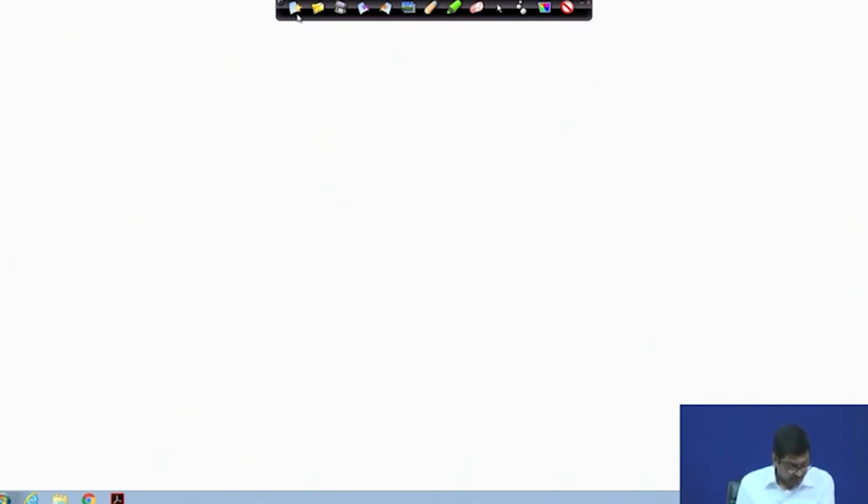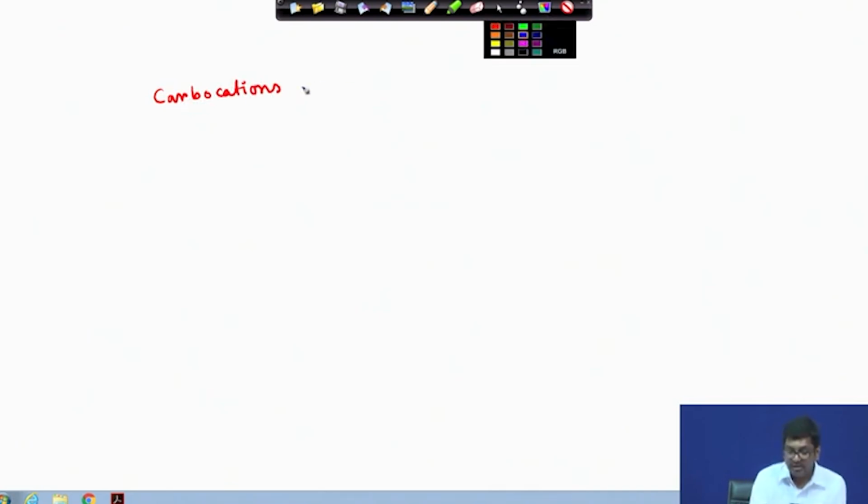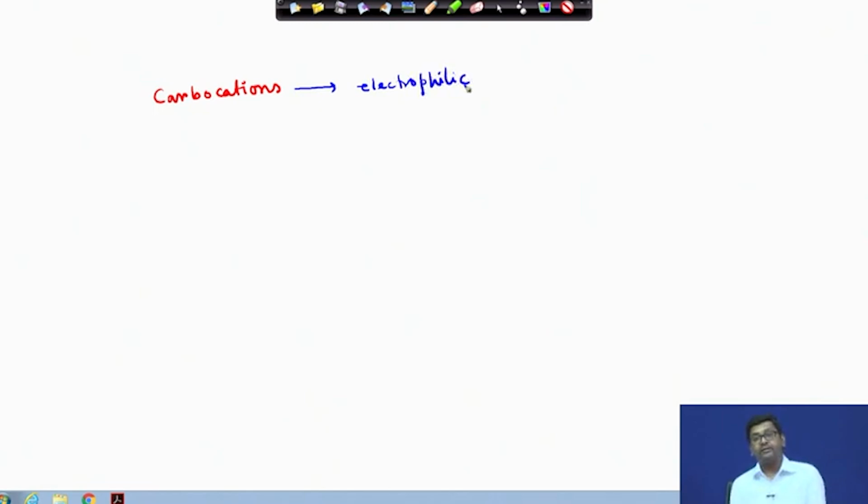Carbocations are also electrophilic in nature, but they are charged. If they are charged, then when they react with a nucleophile, they will react with various types of nucleophiles, especially those having high charge density.